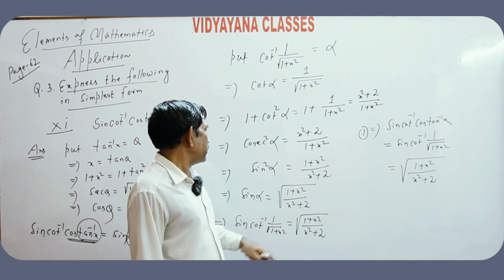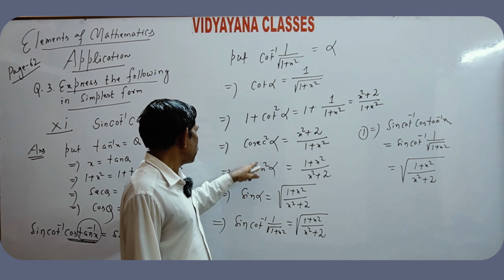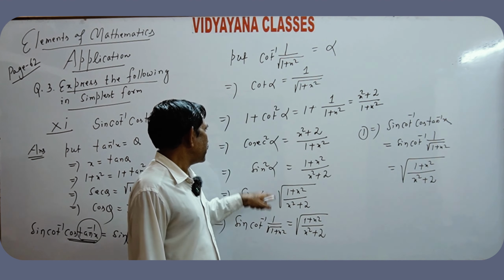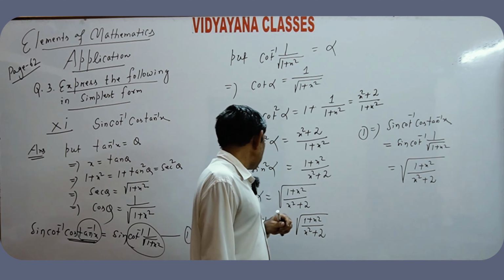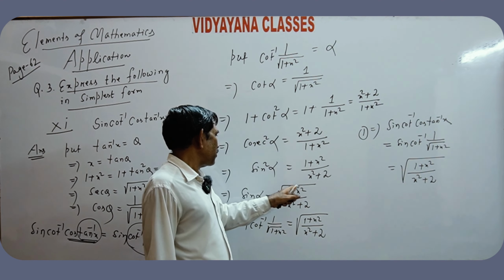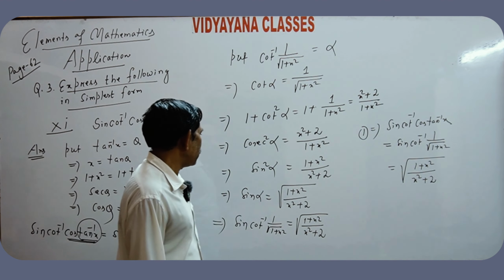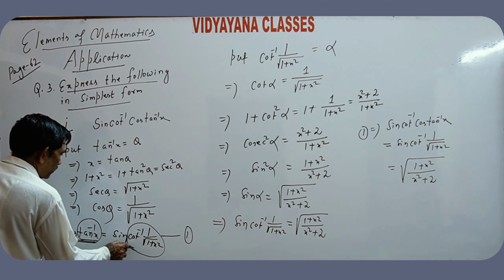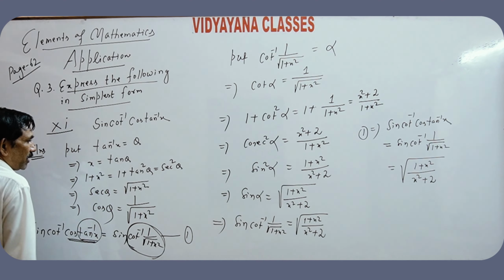Cosec square alpha is written as the reciprocal of this, so the reciprocal is this. Sin alpha is equal to square root of 1 plus x square divided by x square plus 2. It is taken as alpha. So we will find out the value of sin alpha.